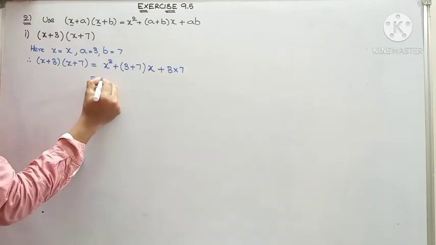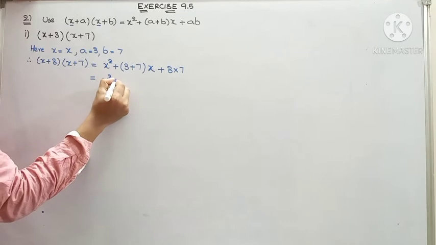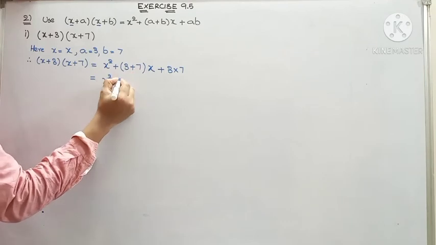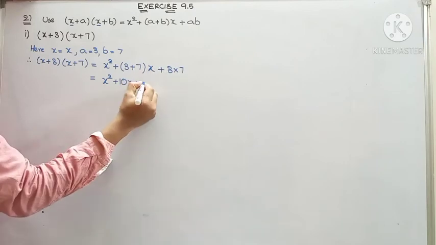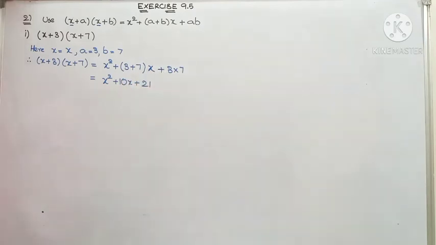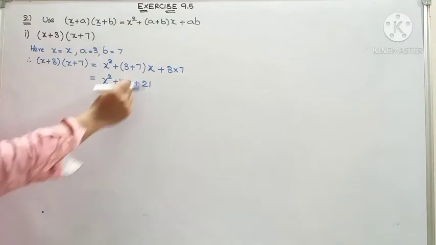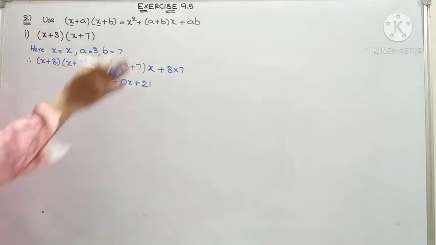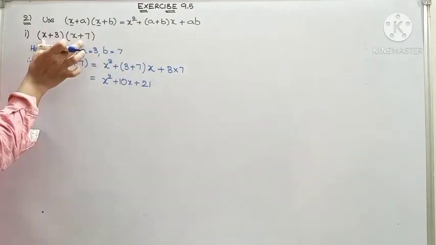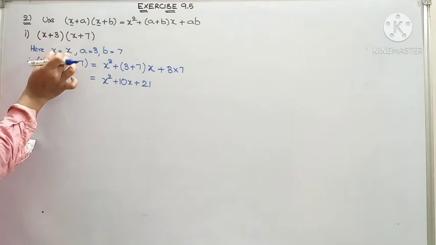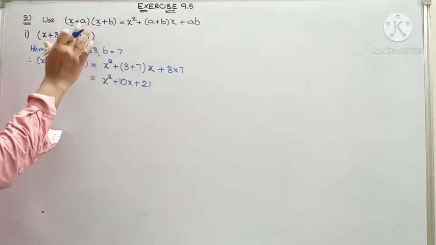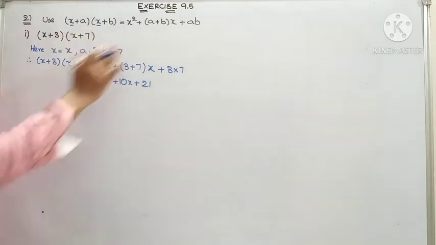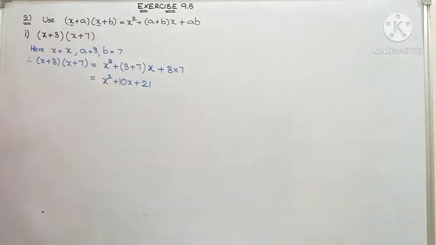That is x² + (3 + 7), 10, into x, 10x, plus 3 into 7, 21. See, x² + 10x + 21. So whenever you see this kind of problem, we have to estimate what is x, what is a and what is b of the given terms. Then we have to make use of this identity.